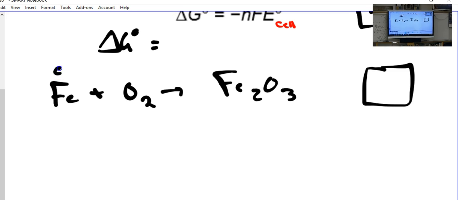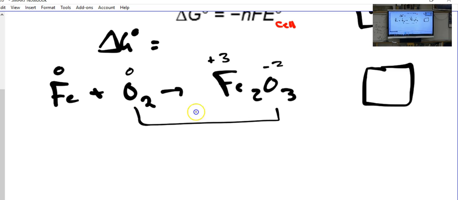So Fe is 0, and Fe over here becomes a what? Plus 3. O is a 0, and over here it becomes a minus 2. You okay with that? So O will be reduced, Fe will be oxidized.